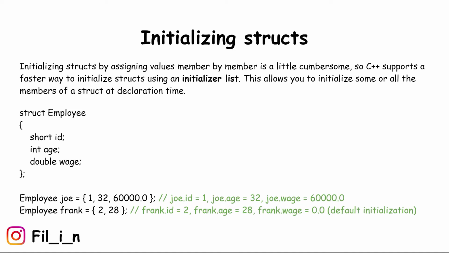Initializing structs by assigning values member by member is a little cumbersome, so C++ supports a faster way to initialize structs using an initializer list. This allows you to initialize some or all the members of a struct at declaration time. struct Employee { short id; int age; double wage; }; Employee joe = {1, 32, 60000.0}; // joe.id = 1, joe.age = 32, joe.wage = 60000.0.